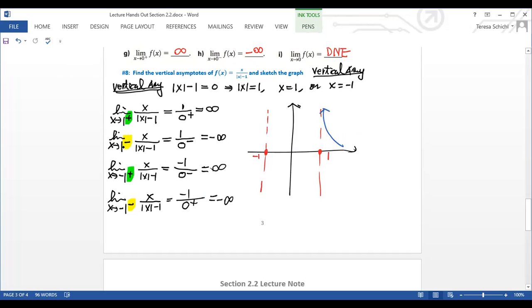And if I approach 1 from the left-hand side, I'm going to get negative infinity. So I'm going to get something like this. And then I approach -1 from the right-hand side, I'm going to get positive infinity, like in here. Then I approach -1 from the left-hand side, so what happens here? I'm going to have it here. So basically that is how my graph is going to look, right?